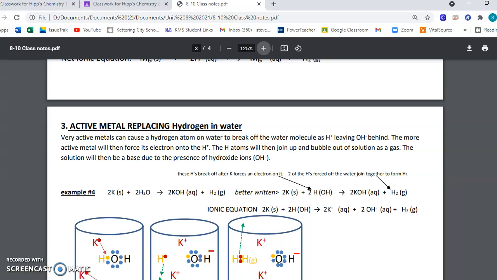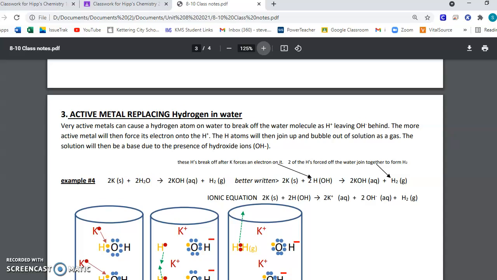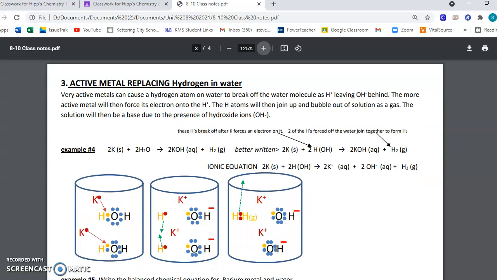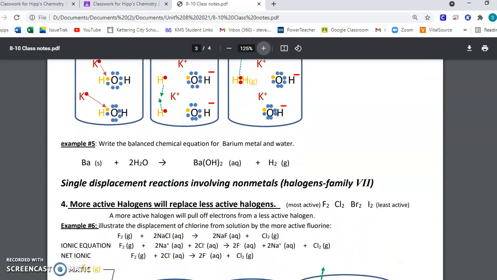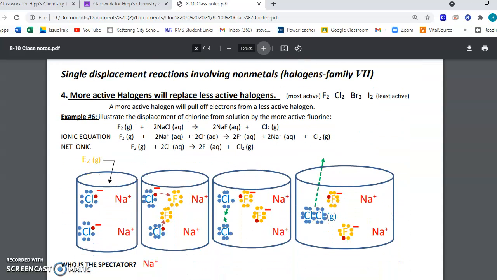So water molecules are HOH. In the third type, an active metal can knock an H off the HOH, leaving behind OH minus and the active metal in solution.